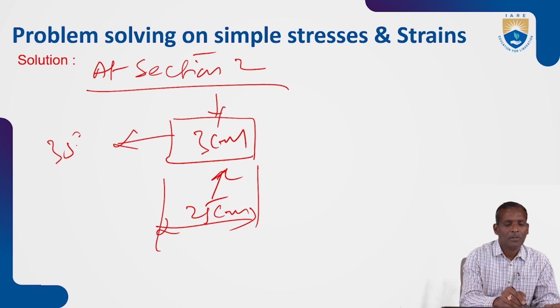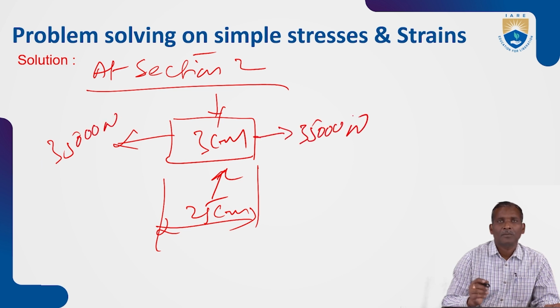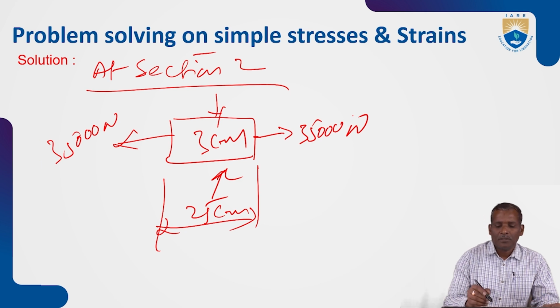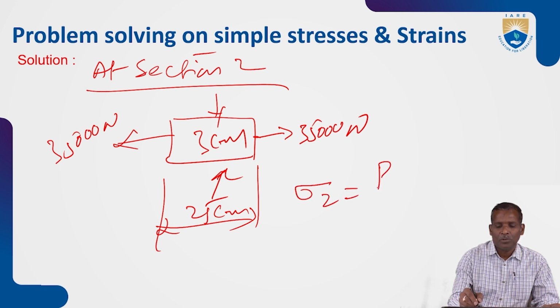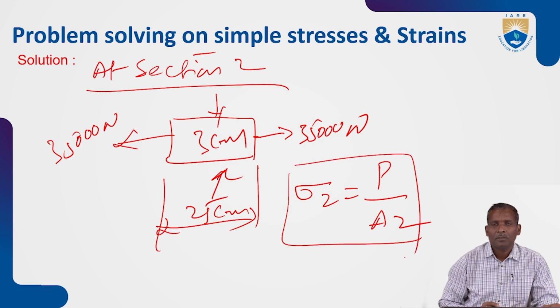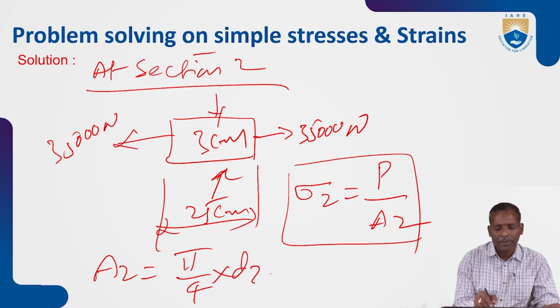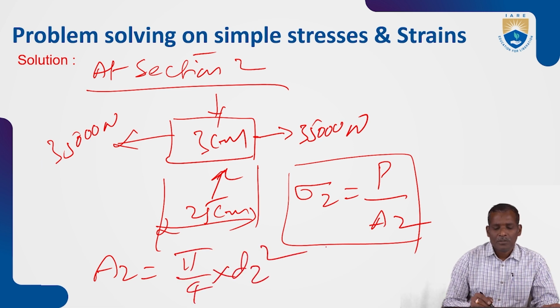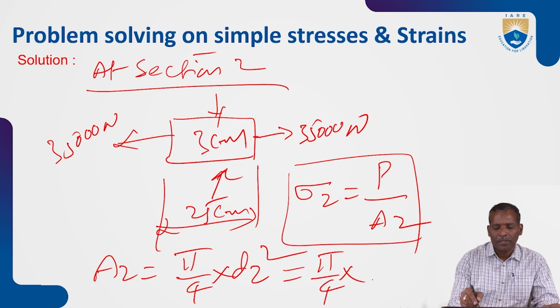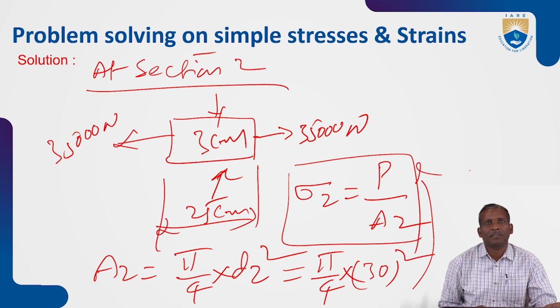Same load, the load is 35,000. Now here also calculate the stress. Sigma 2 is equal to load upon area 2. How do you calculate area? Pi by 4 into d2 square. Diameter is 3 centimeter converted to mm, 30 mm. So 30 whole square. We get the area and then substitute in this, the second stress we'll get.